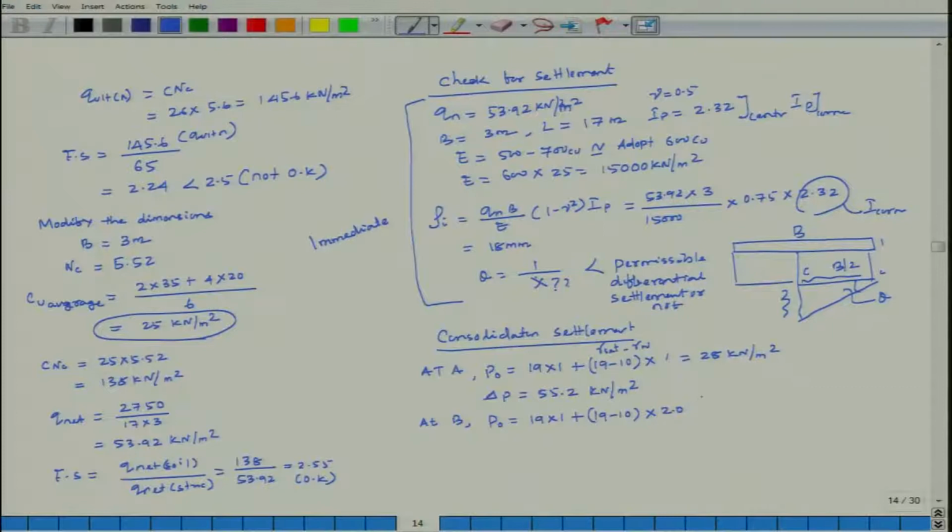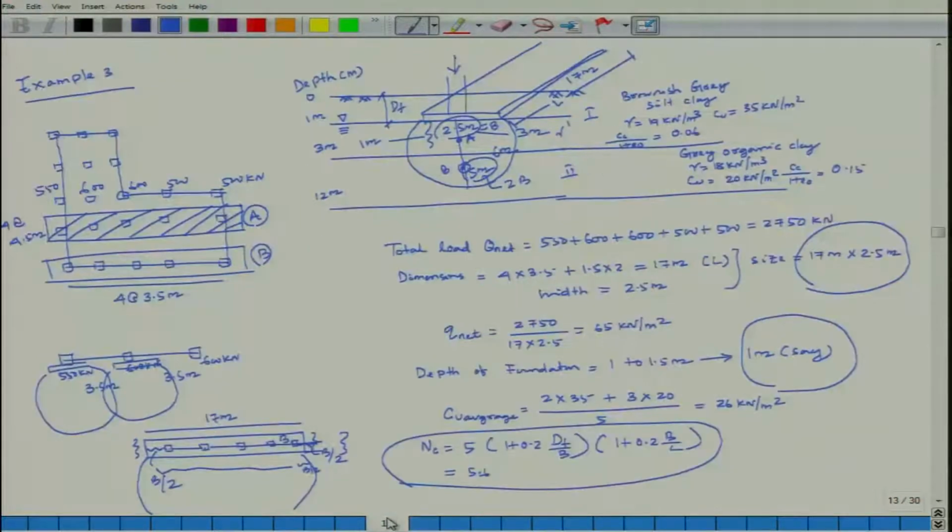So, it is your 2 meter plus 8 into 2. How come it is 8 into 2? Gamma saturated is equal to 18. So, gamma submerged is equal to 18, gamma saturated minus your gamma W. Approximately we have taken either gamma W as 9.81 or 10, and it comes out to be 8 kilonewton per meter cube.